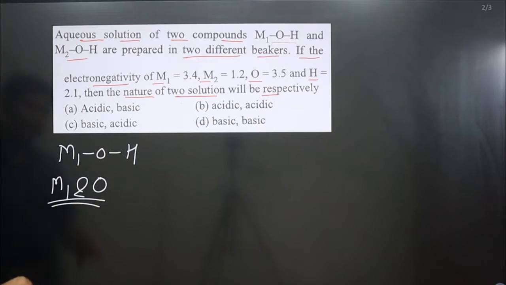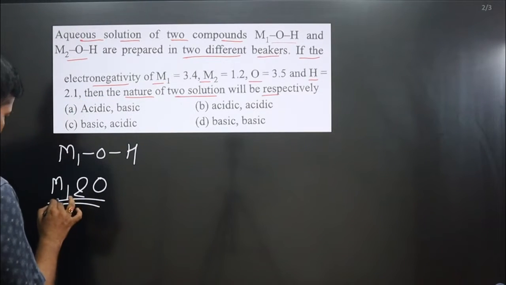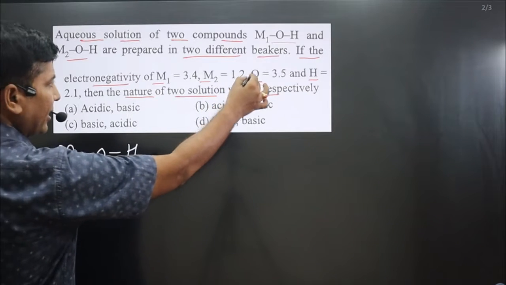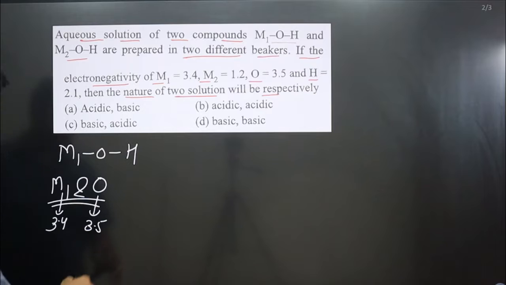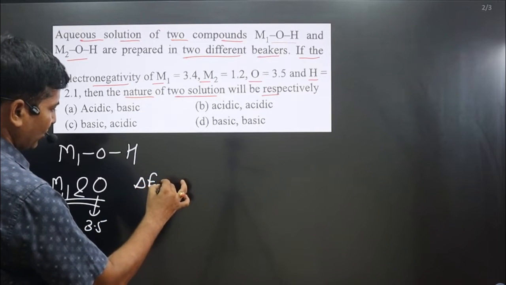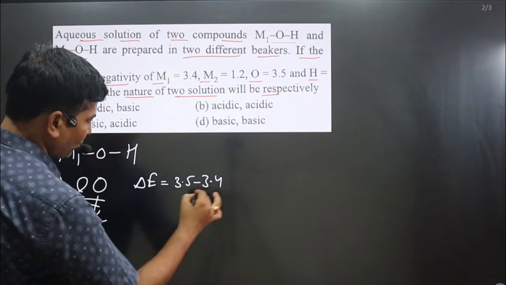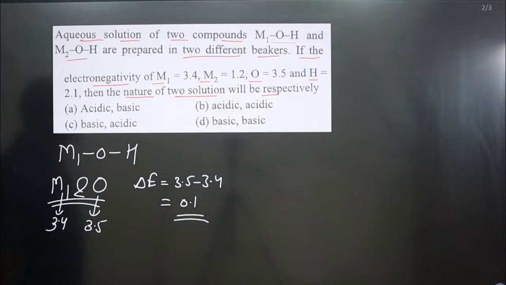In case of M1, it is 3.4, and in case of oxygen the electronegativity is 3.5. If we find the difference, 3.5 minus 3.4, the value we are getting is 0.1, a very small value.